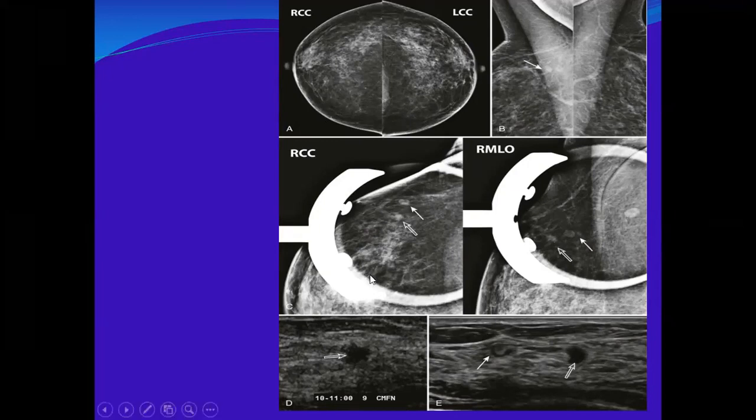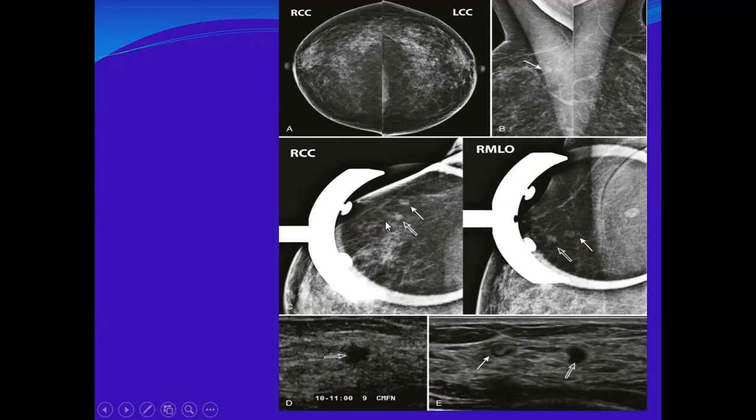That is why, with an extended lateral view and spot magnification more laterally, the lesion is visualized, and this is on the MLO. The lesion is there, and an adjacent lymph node next to it. That is a nodule or a focal asymmetry.